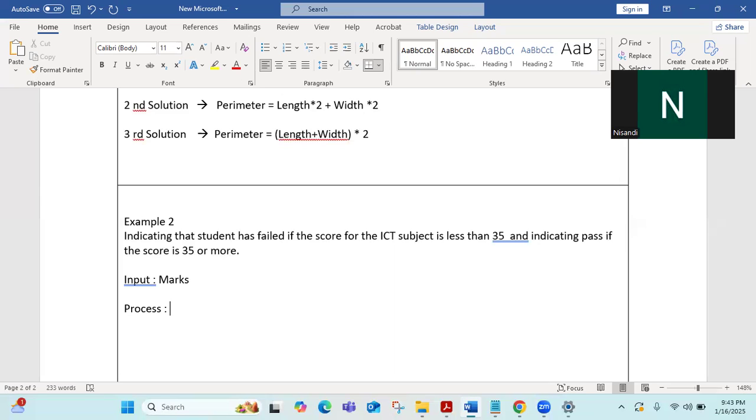Before writing that, you have to say comparing the marks with what? 35, no? Yes, sir. Then the first solution, we'll say now the solution.